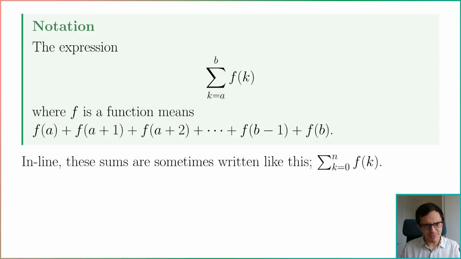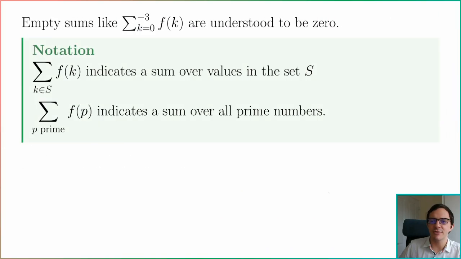When you see these typeset in line, they're sometimes presented like this, with the start condition and the stop condition not standing below and above the capital sigma sign. That's some other way that they're sometimes presented. And that's a sum. There are other notations for sums that you might meet, or extensions of this.